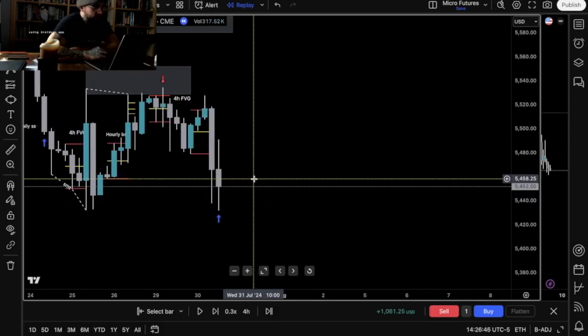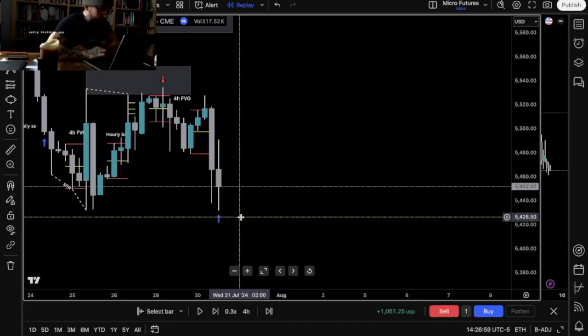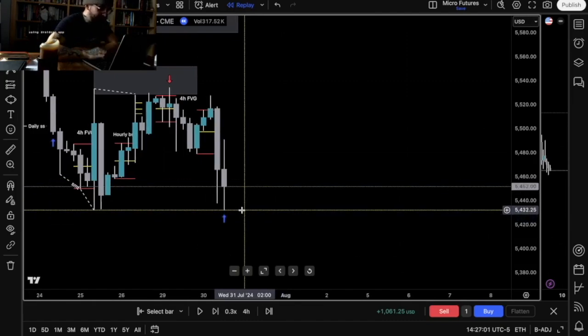Just so you guys know, the whole thing with swing trading, I'm finding patience. And the reason I'm going through this and trading like this is to combat my impulsive nature when I trade too much.